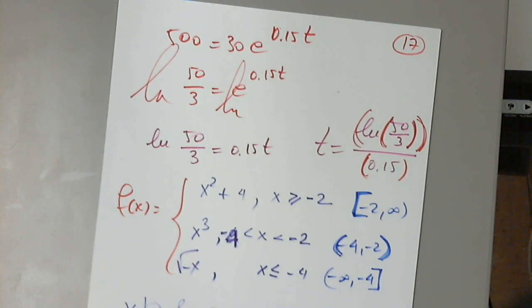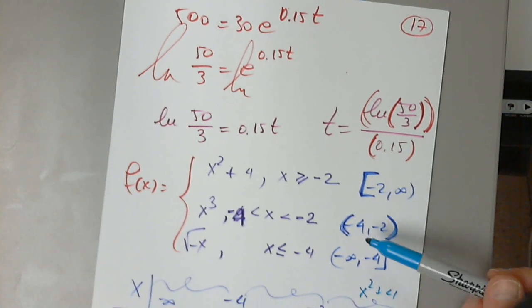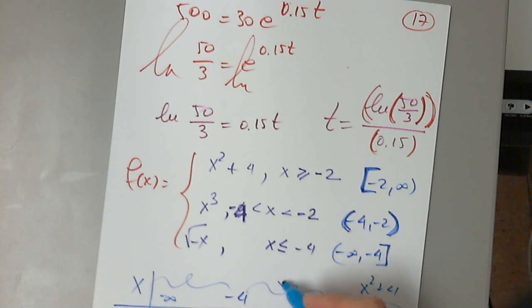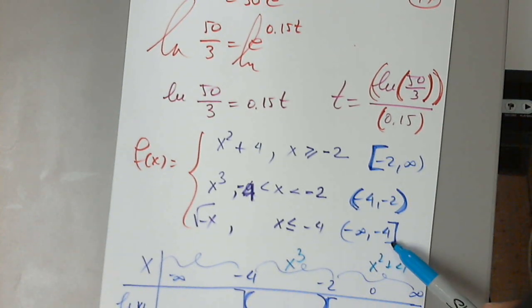Just to make sure, because intentionally I wrote that function not in the correct order: between negative 2 and infinity, I will use x squared plus 4. Between negative 4 and negative 2, I will use x cubed. And between negative infinity and negative 4, I will use the square root of negative x.